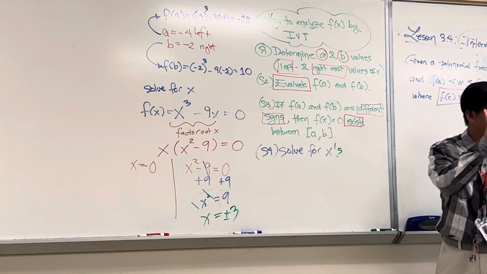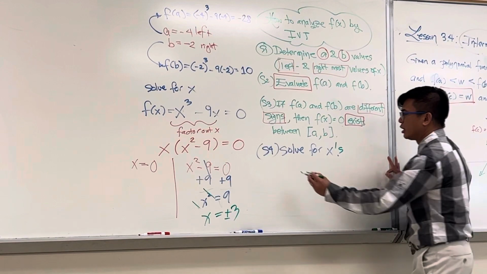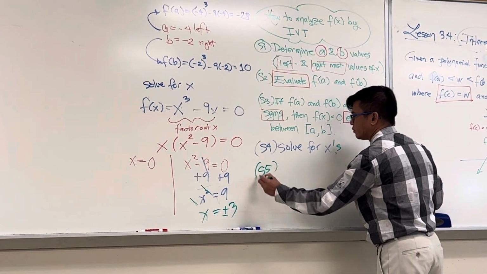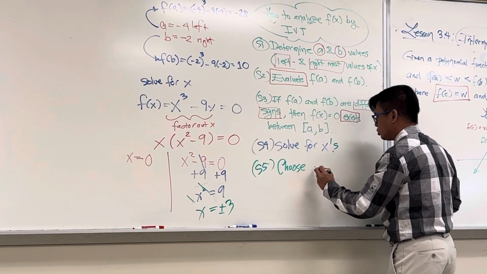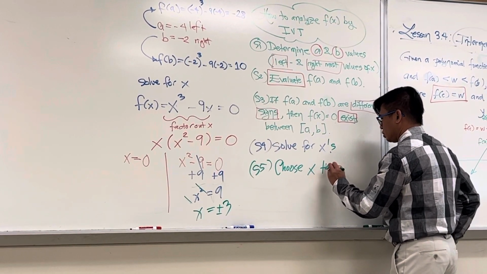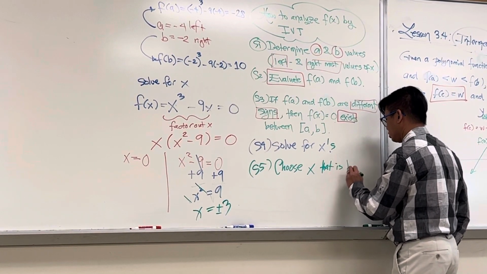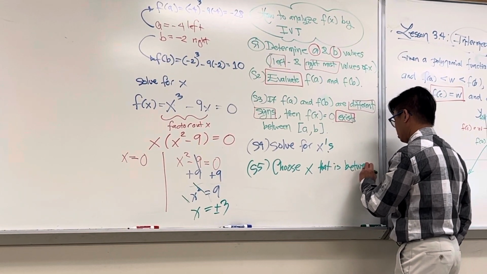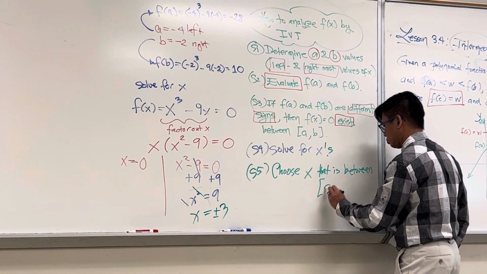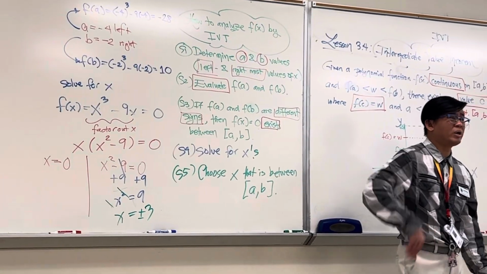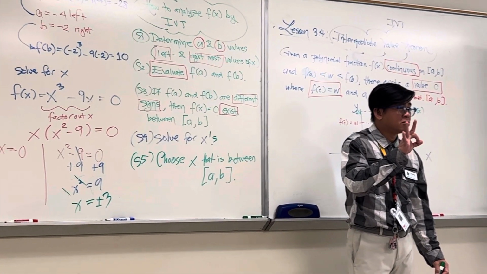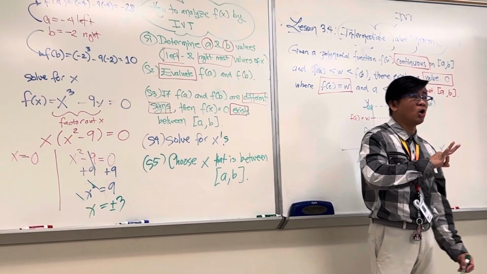We have 3 values of x's, right? Now, step number 5. Well, we have 3 x's. Are those x's all correct?